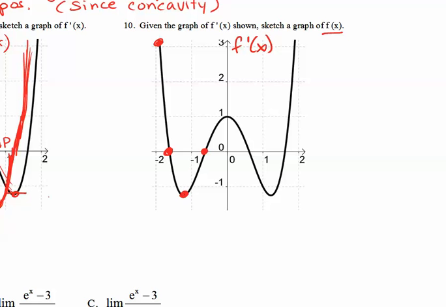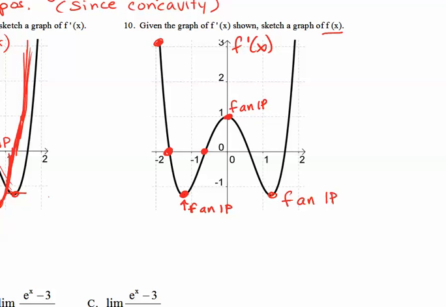Where our first derivative changes from decreasing to increasing, f will have an inflection point. So here at 0, we're going to have another inflection point. f has an inflection point here, and f has an inflection point here.